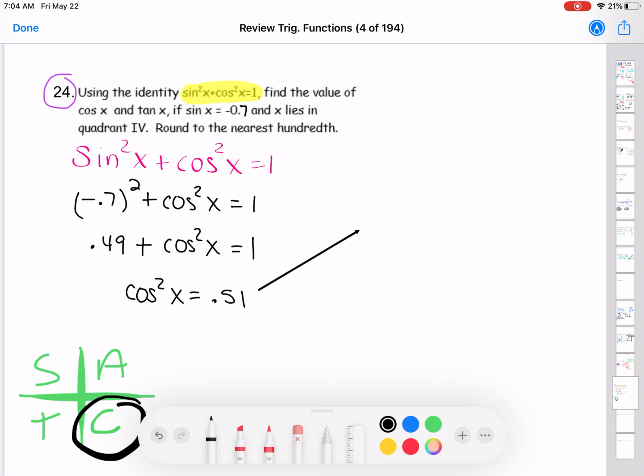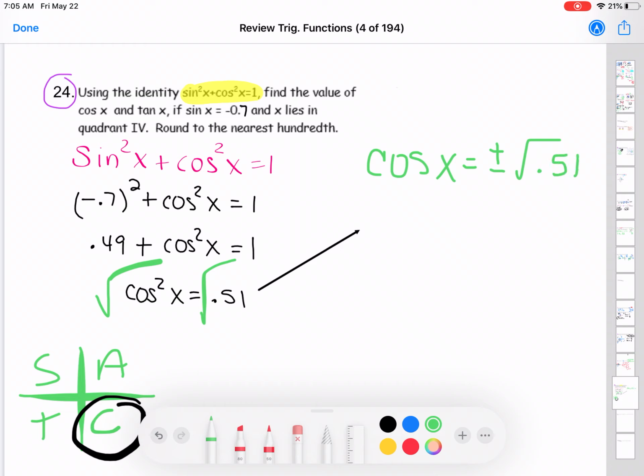Okay, so I substituted in my sine value, right? And then I got to the point of cosine squared x equals 0.51. So from here, I'm going to take the square root, and I'm left with cosine x equals, remember, plus or minus rad 0.51, right?